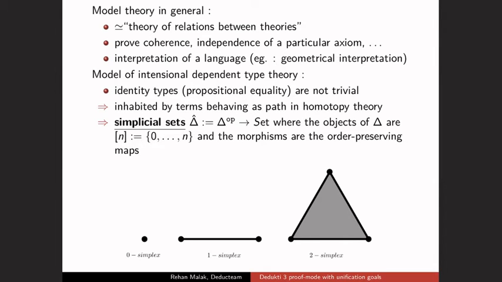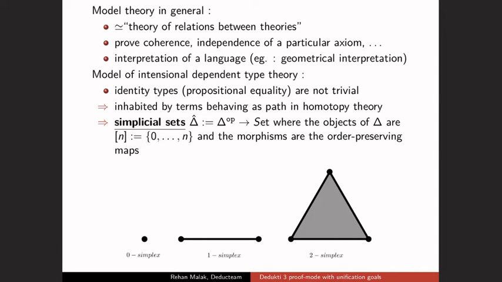More specifically, about models of a particular class of type theories called intensional dependent type theories, they have identity types representing the propositional equality with a behavior that is similar to the geometrical paths in homotopy theory. This is why we are interested in the formalization of the category of simplicial sets.